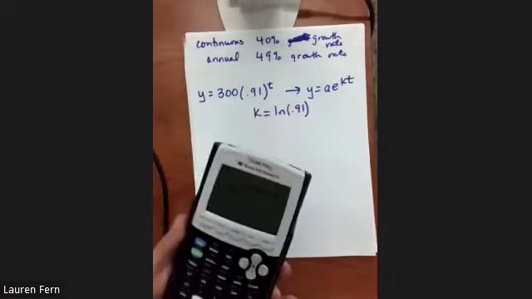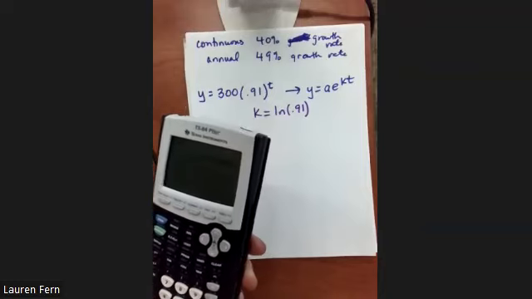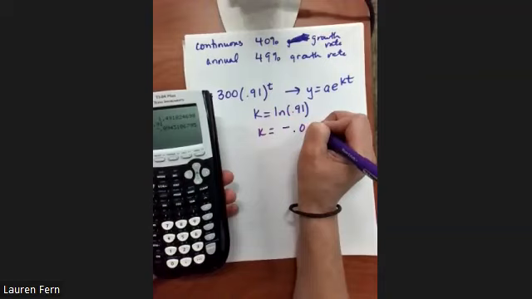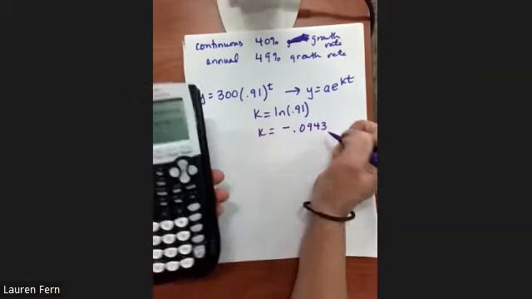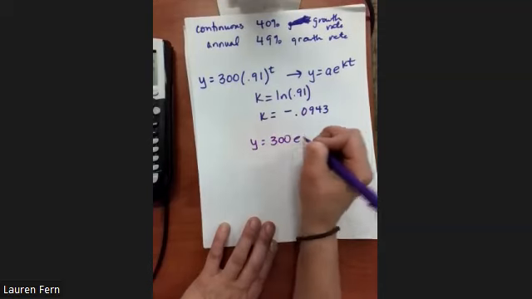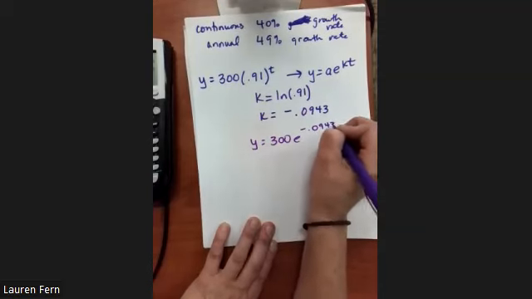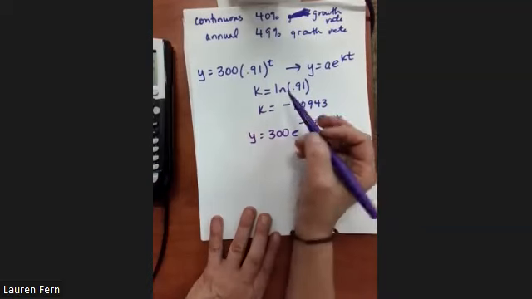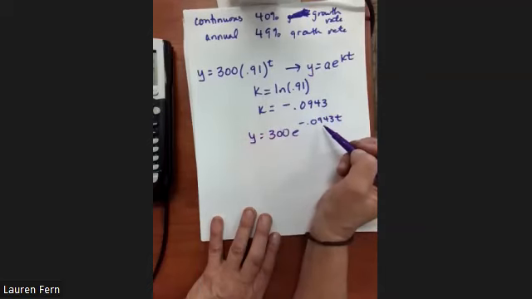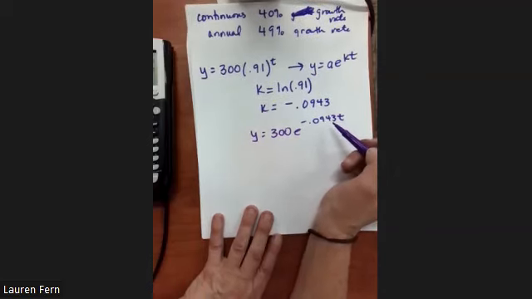You take the natural log of 0.91. You're going to get k to be about negative 0.0943. Notice I had a 9% decay rate, say annual, and then my continuous decay rate was 9.4%.